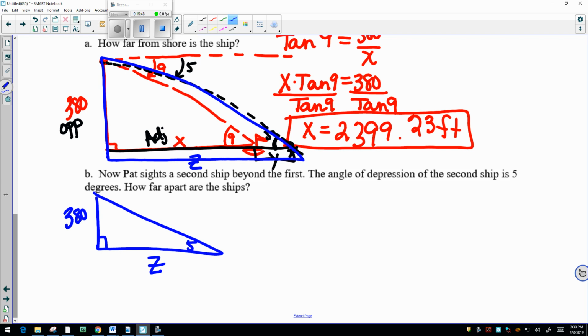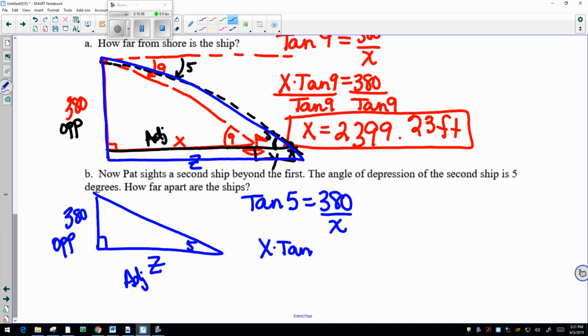So we still have an opposite side. We still have an adjacent side. We're still going to be doing tangent. So the tangent of 5 is equal to opposite over adjacent. And when we cross multiply, we get x tangent of 5 is equal to 380.